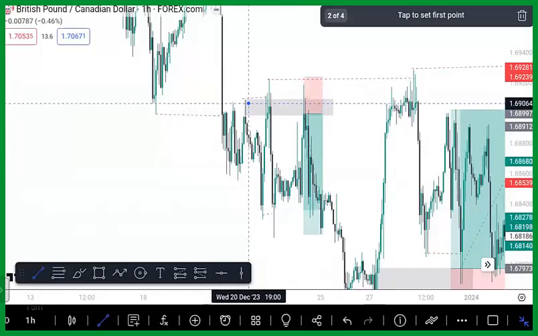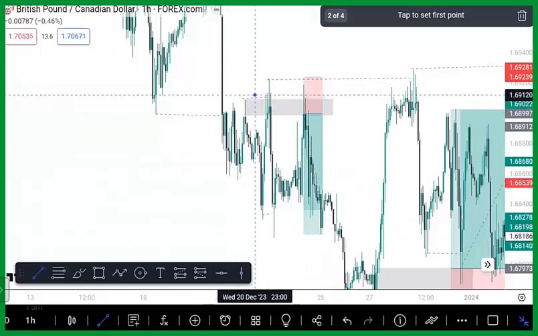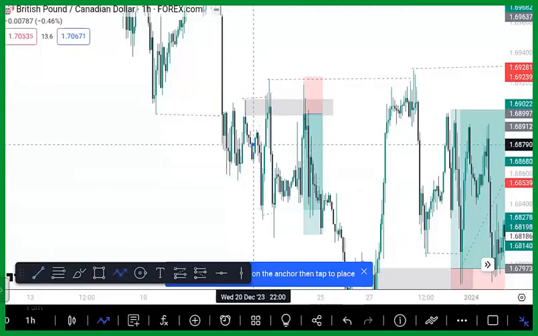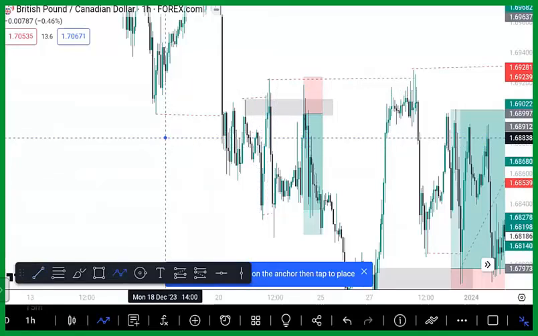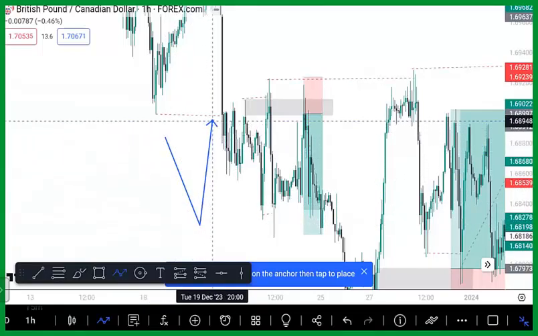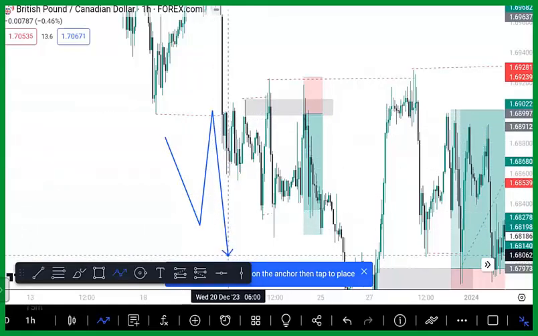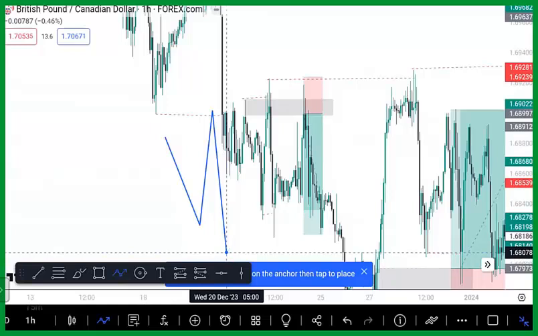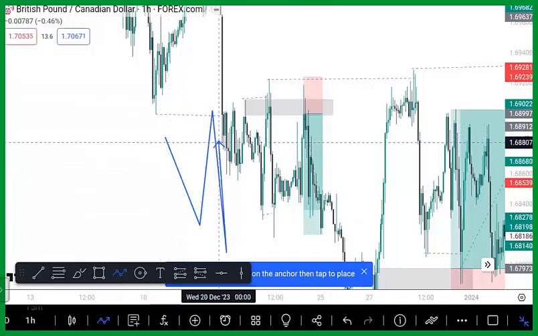So this is like your shoulder, head, shoulder sort of, but it still respects the whole idea. So what you see there is clearly you have a high, price swept it, comes down, breaks structure, and then you're already expecting that price to return back to that area there that was swept.